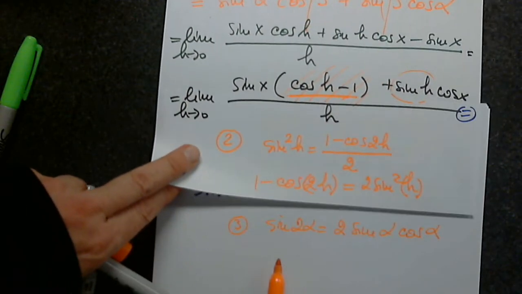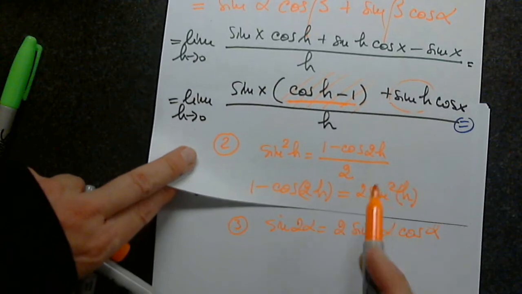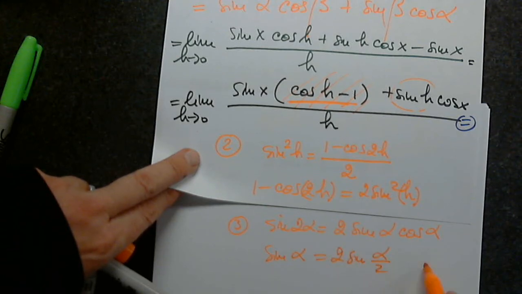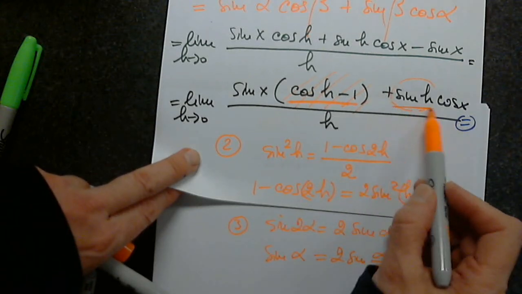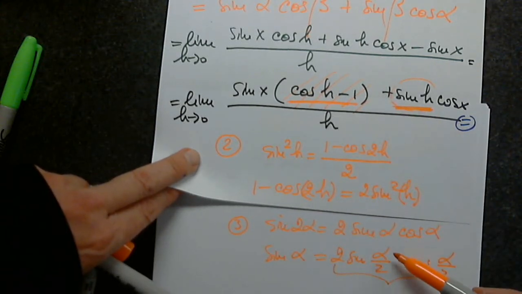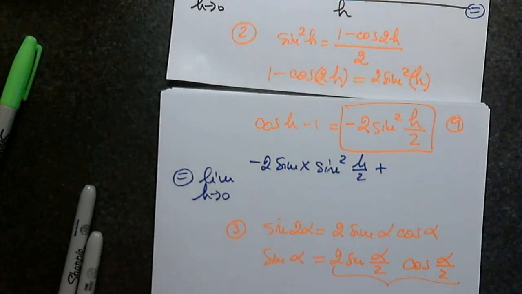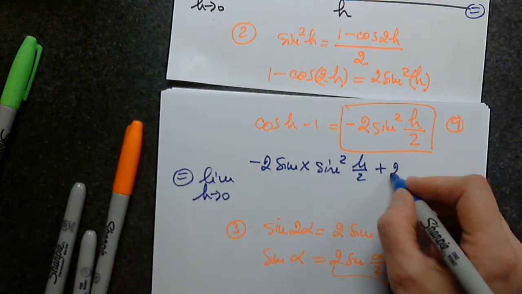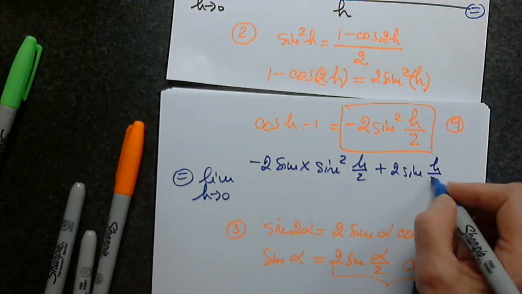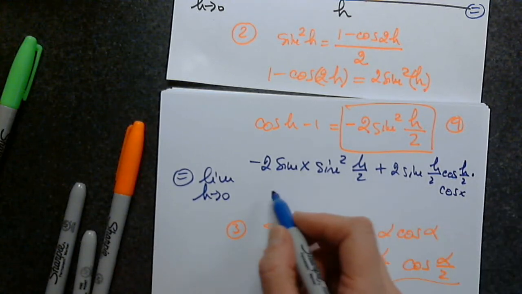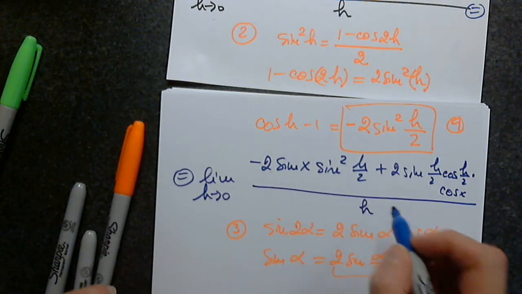So you can say, wait a minute, this is sine twice alpha and this is sine h. Yes, because I can change the double angle into angle, and then the rest changes into half an angle. So I'm replacing this by this, with h over 2 and h over 2, plus 2 sine h over 2 cosine h over 2 times cosine x, everything over h.